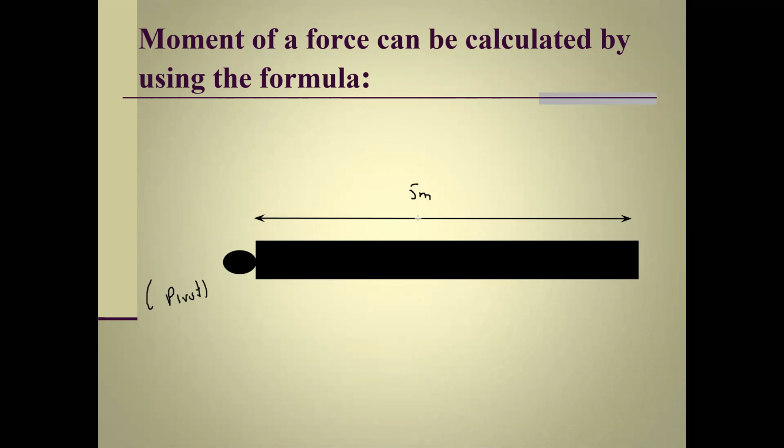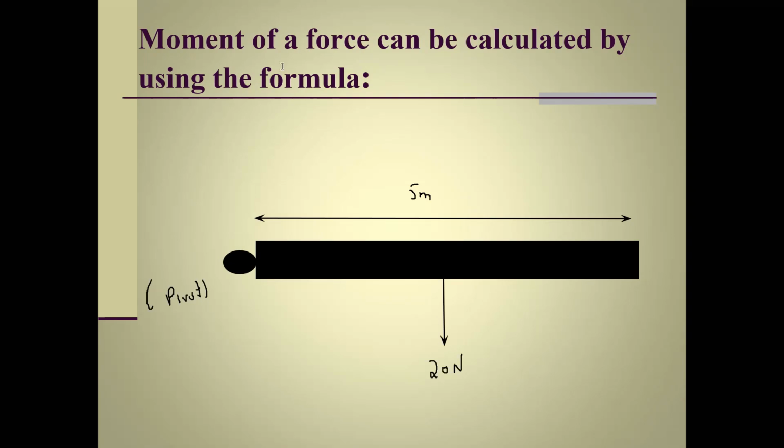And the weight of the object is 20 Newton acting down. So how can we calculate the moment in this example?